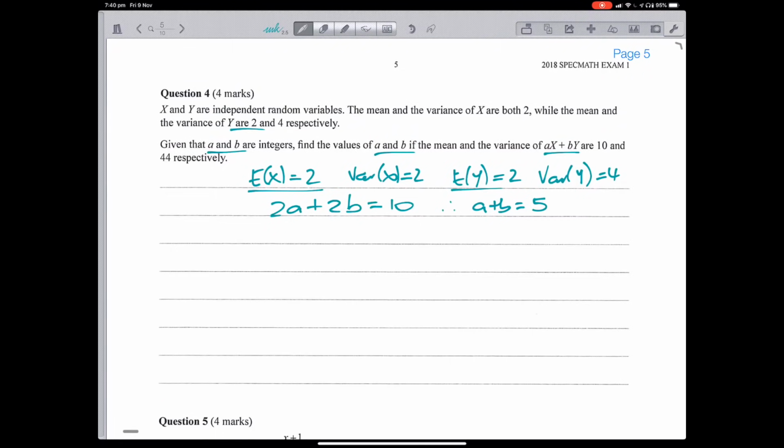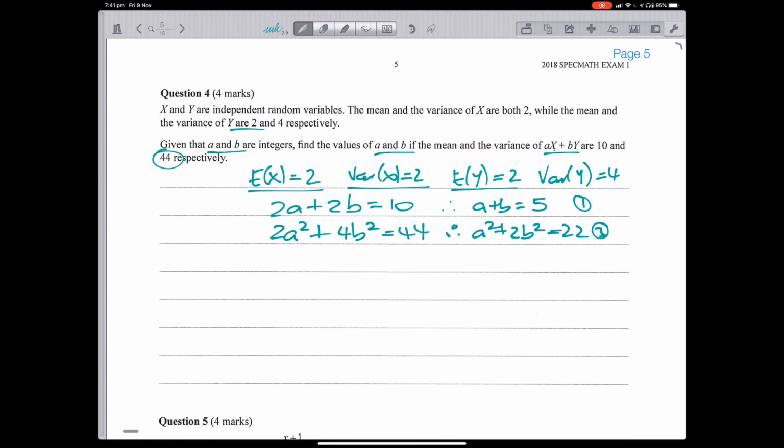We're also going to get the variance: the a is going to be squared because I bring it out the front, and it's just going to be the variance of X, which is 2. So 2a squared, and then my variance of Y, which is 4, 4b squared, is equal to 44. So therefore, a squared plus 2b squared is equal to 22.